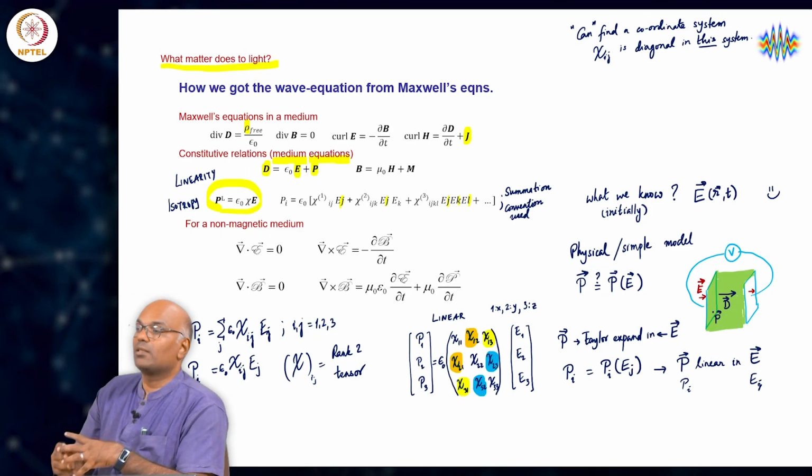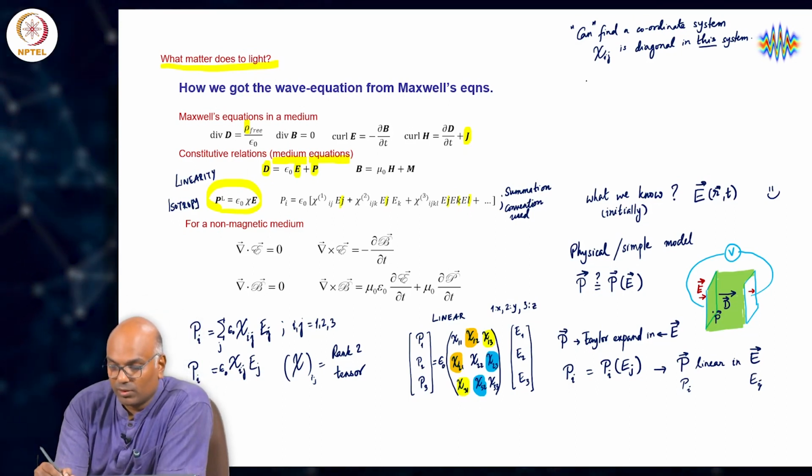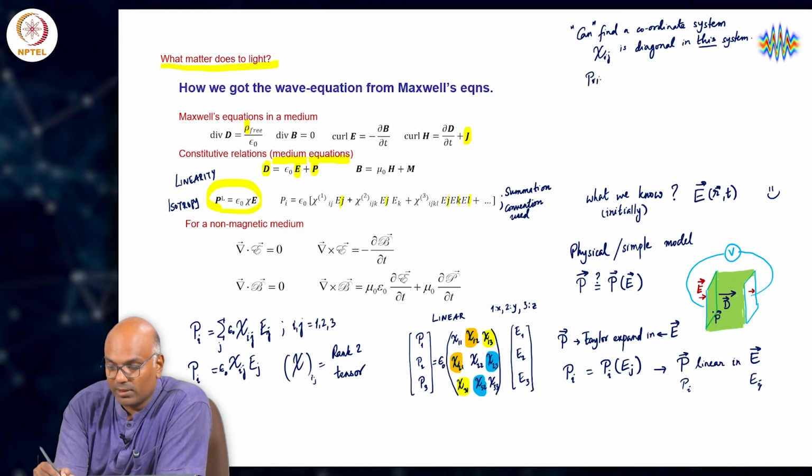That system, for a given medium, is called the principal axis system.